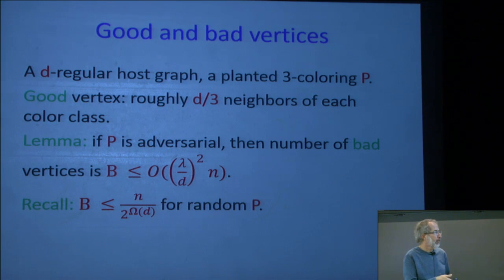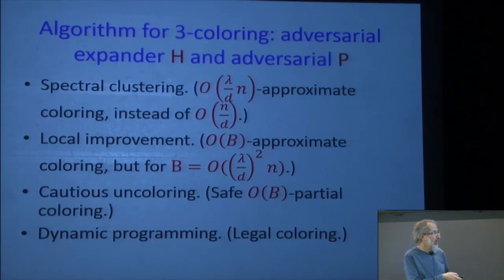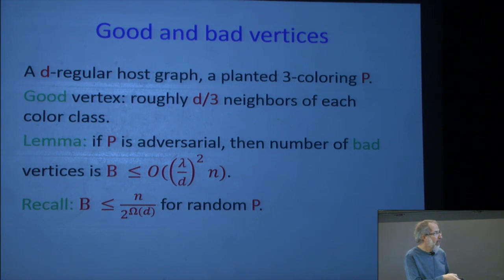The smaller lambda is, the better. So the fraction of bad vertices is not as small as it was before. Before, when the planting was random, the fraction was exponentially small in D. When the planting is adversarial, the fraction of bad vertices is small, but not as small. And this makes a big difference.